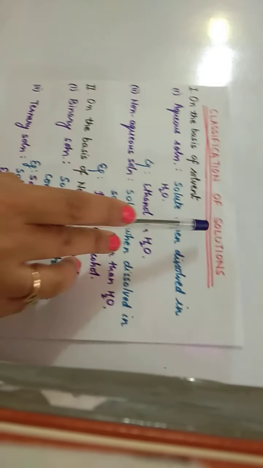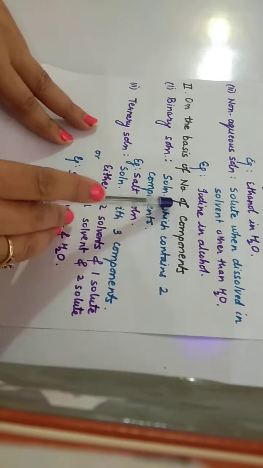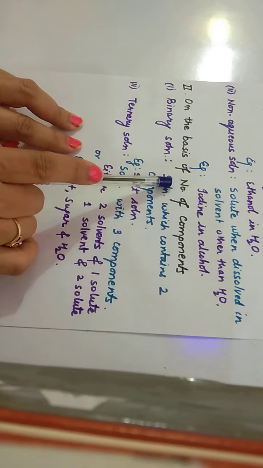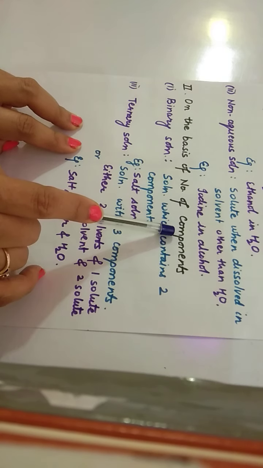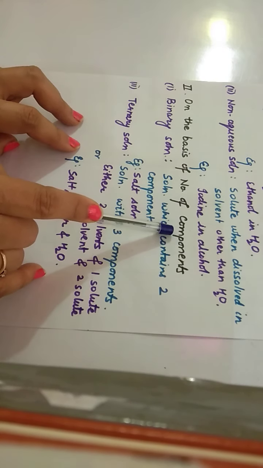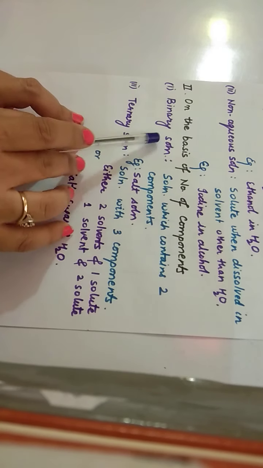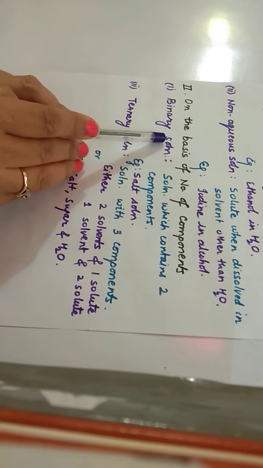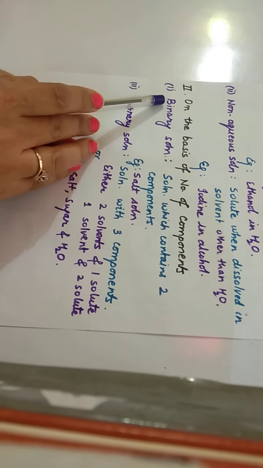The next basis to classify solutions is the number of components. As the name indicates, it means how many substances you are combining together to make the solution. The first type is binary solution. Bi means two.